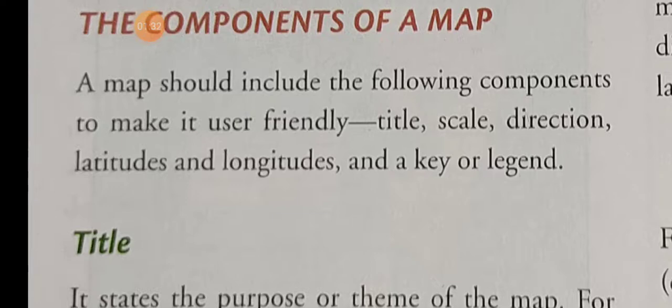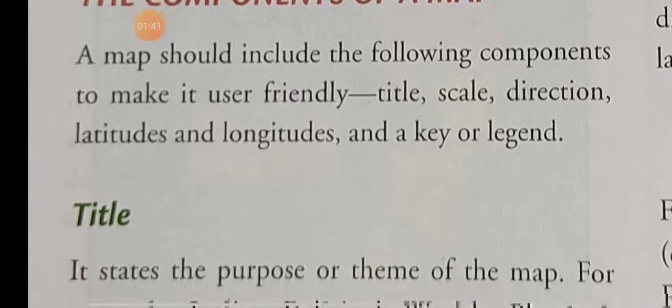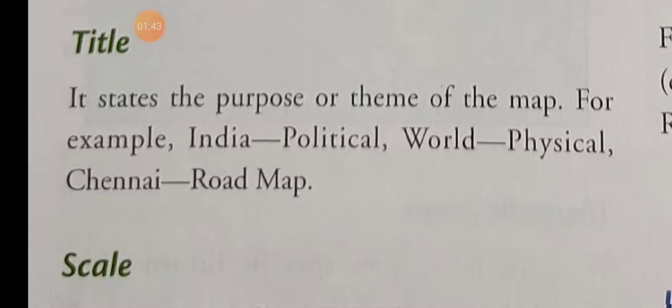First one, title. Title means giving the name of the map. It states the purpose or theme of a map. For example, suppose we are drawing the political map of India. We are showing the different states with their capitals.